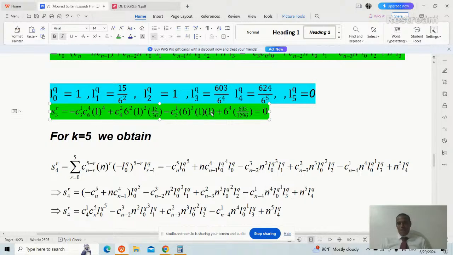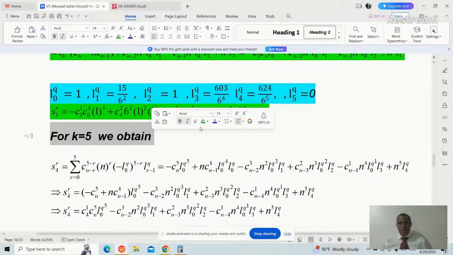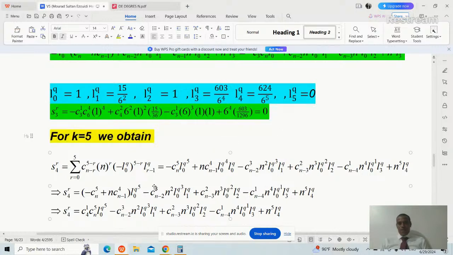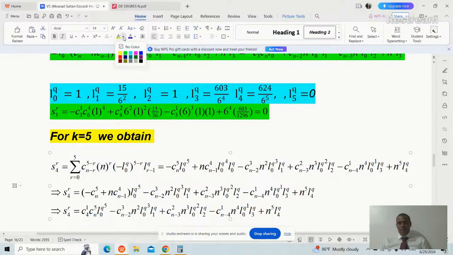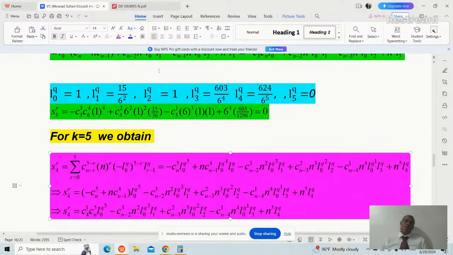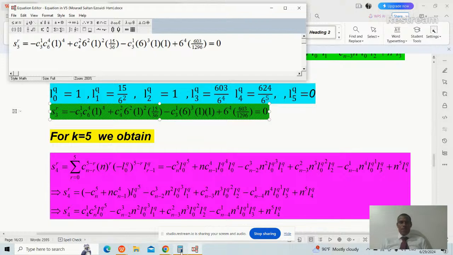If you want me to calculate this for you, I will do it. I'll make this one yellow. You can see it, isn't it? Therefore, I will calculate this. So this is our calculator.